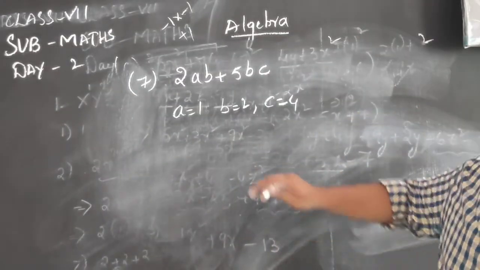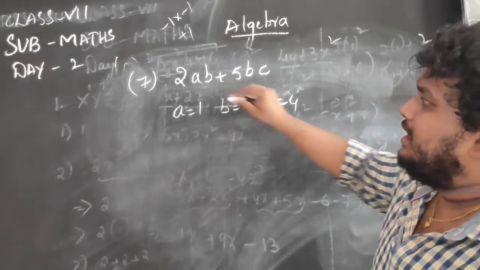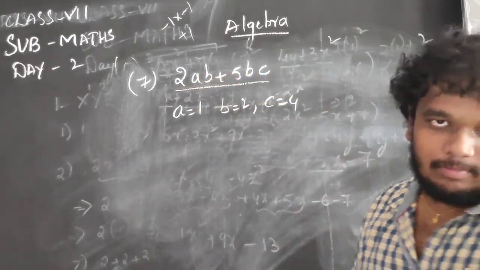What you have to do is substitute the values of a equals 1, b equals 2 and c equals 4. Now see here, 7th question. Evaluate the expression 2ab plus 5bc. You have to substitute the values of a, b, c in the expression and solve the problem.